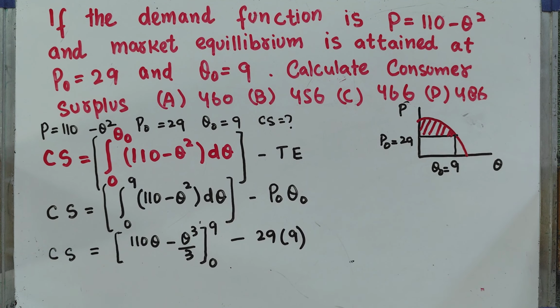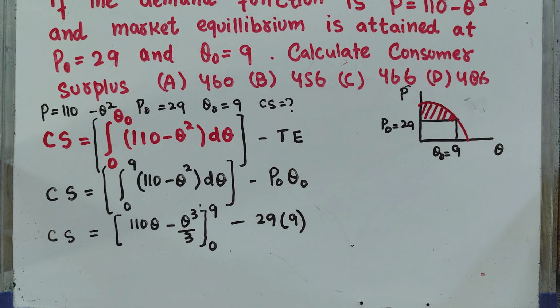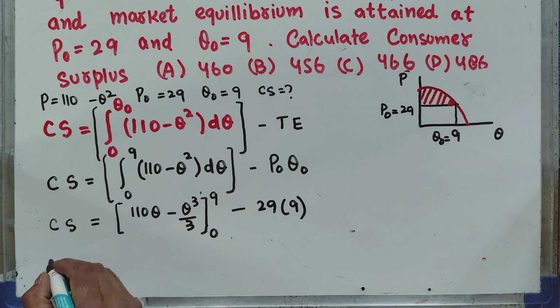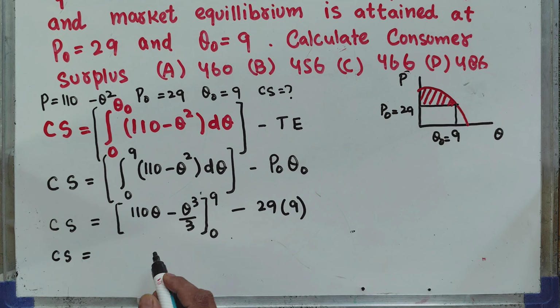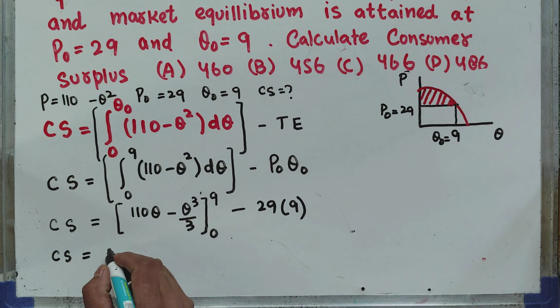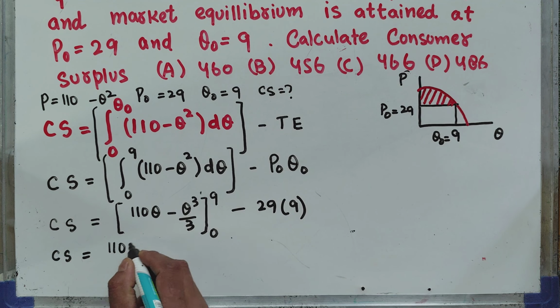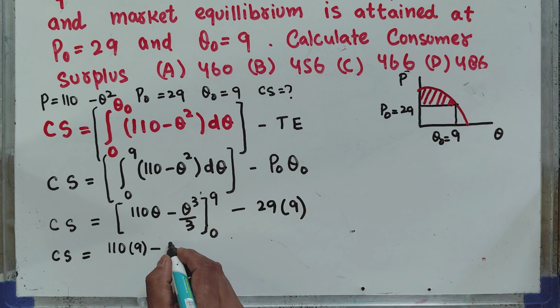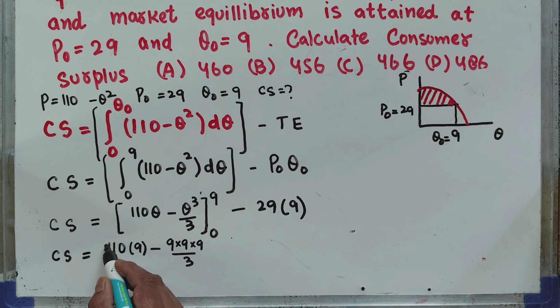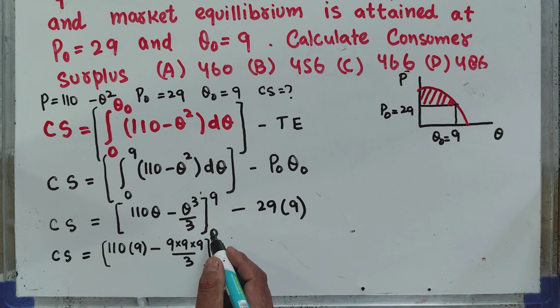Now we evaluate these terms at the upper limit first, then subtract and evaluate them at the lower limit. So we have 110 times the upper limit 9, minus Q cube means 9 cube, that is 9 into 9 into 9 upon 3, and then we subtract and evaluate it at the lower limit.